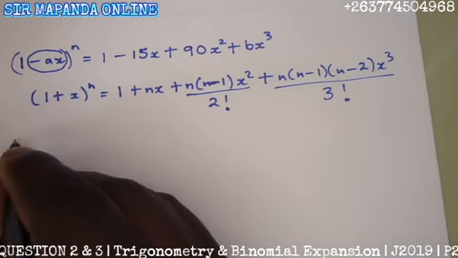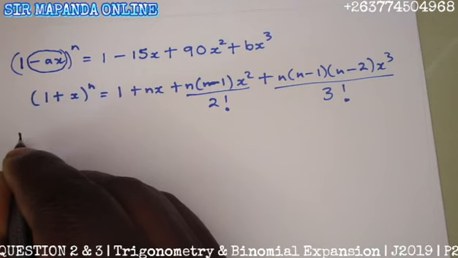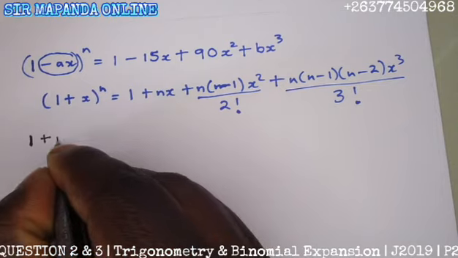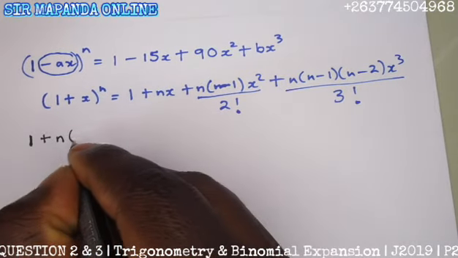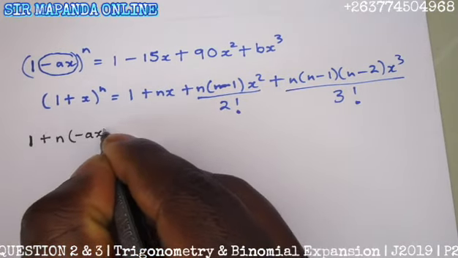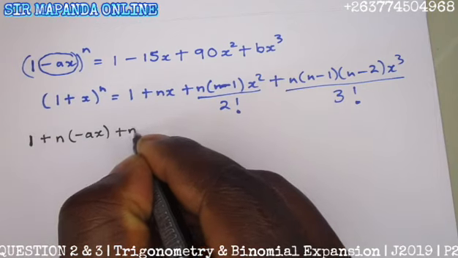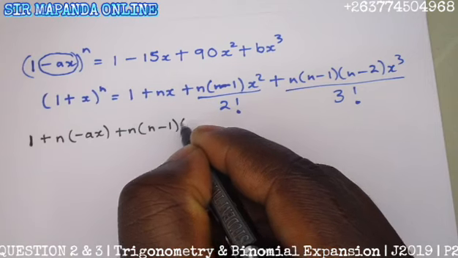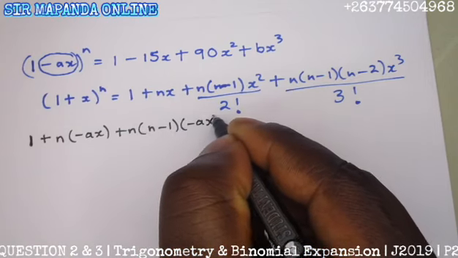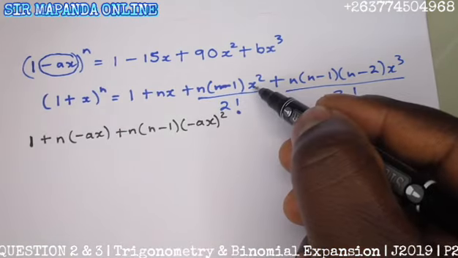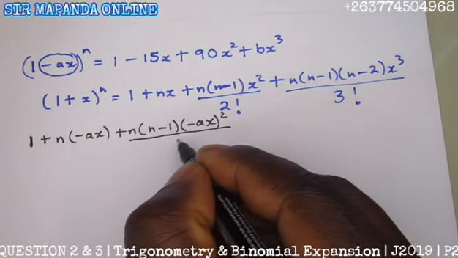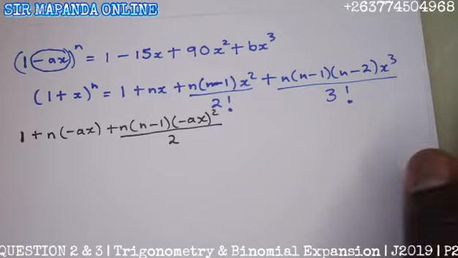You get 1 plus n remains n, then on x you put minus ax, plus n open bracket n minus 1, then you put minus ax, you raise it with power 2 to get x squared. 2 factorial means 2 times 1, so it is 2.